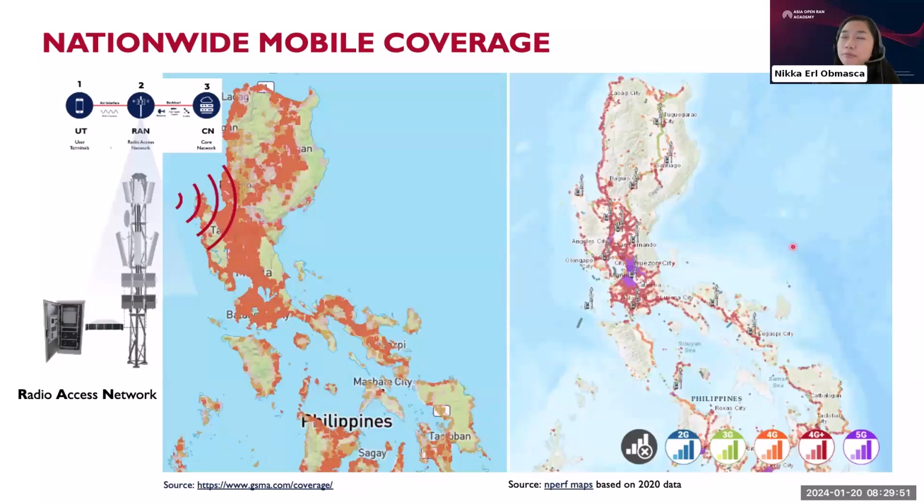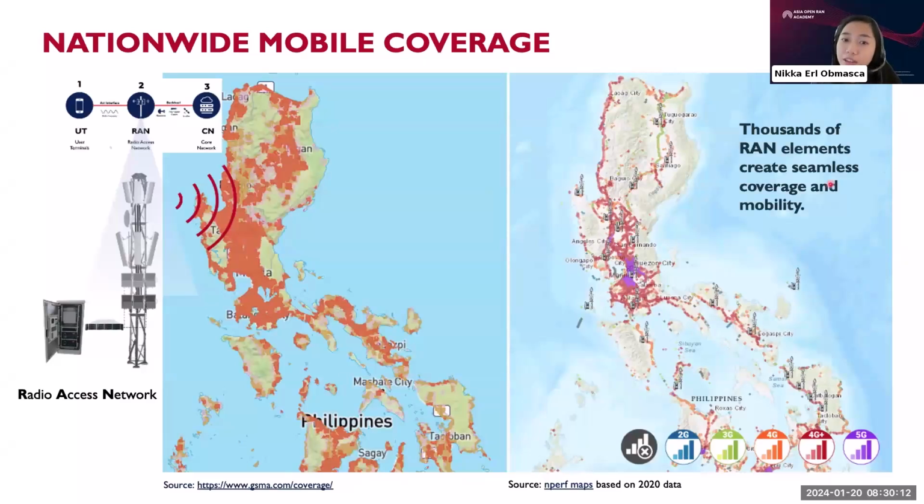These various factors need to be considered so that there will be minimal attenuation and less interference within each cell site. So the RAN elements create seamless coverage and mobility.